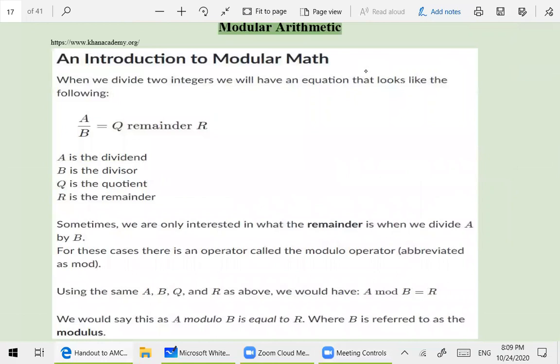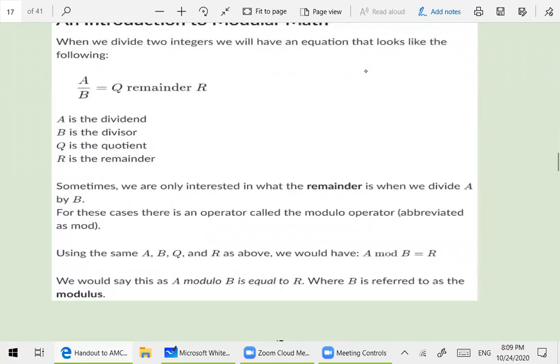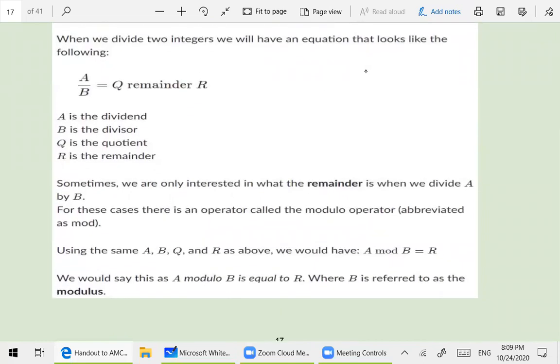Okay, on to modular arithmetic. When we divide two numbers, we have an equation that looks like this, where A is called the dividend, B is the divisor, Q is the quotient, and R the remainder.